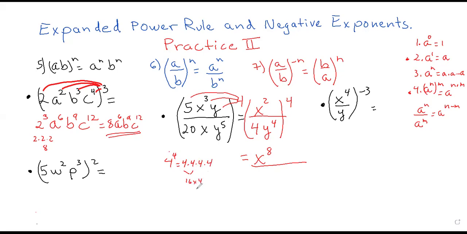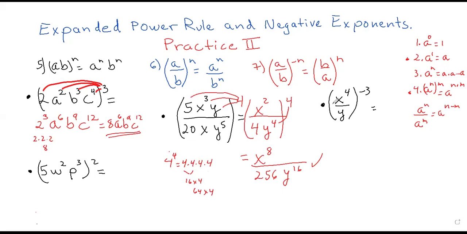That is 64 times 4, that is 256. And this 4 is for the exponent also. 4 times 4 is y to the 16. And this is my answer.